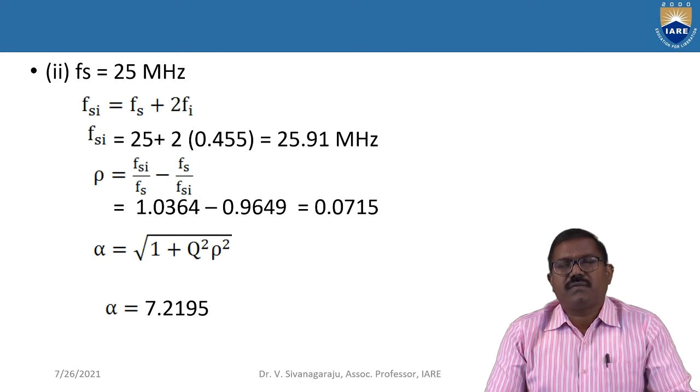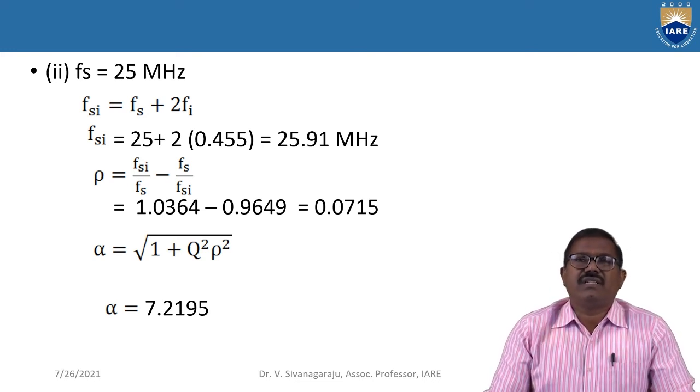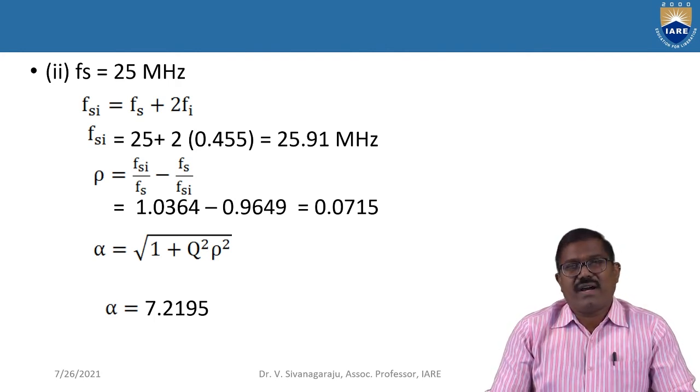For the second bit, Fs is 25 megahertz. So the formula is the same: Fsi is equal to Fs plus 2 Fi.